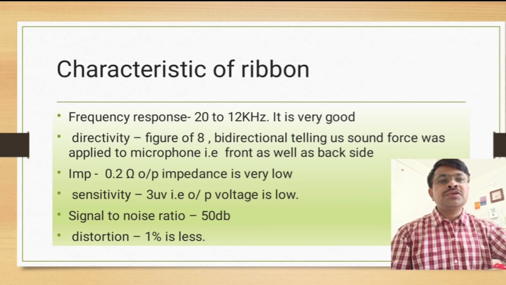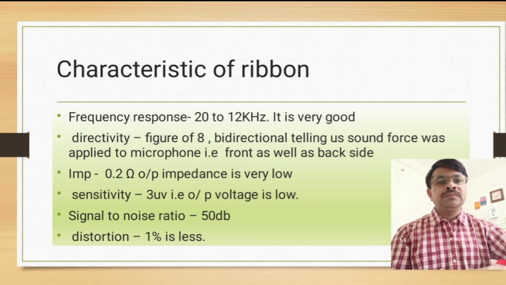Signal to noise ratio is 50 dB. It is good. That means the signal ratio is high and the noise ratio can be reduced. Distortion is 1% and it is very less. So the audio distortion and phase distortion can be reduced. So these are the important characteristics of the ribbon microphone.